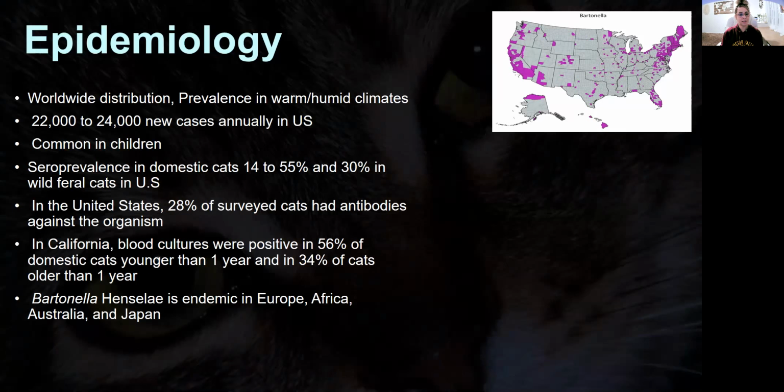Seroprevalence in domestic cats is 14 to 55% and 30% in wild feral cats within the United States. In the United States, 28% of surveyed cats actually showed having antibodies against the organism.